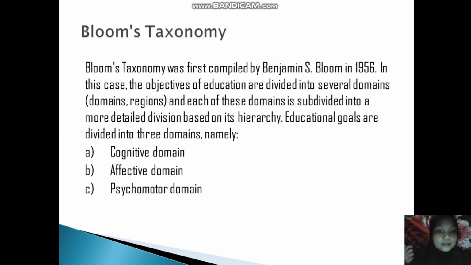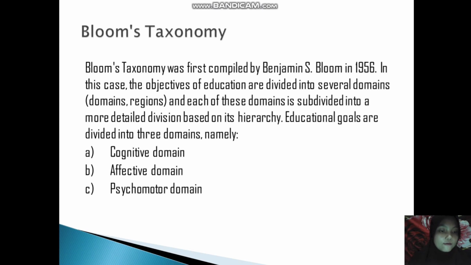Affective domain. The affective area is a domain related to attitude, value, interest, appreciation, and adjustment of social feelings.